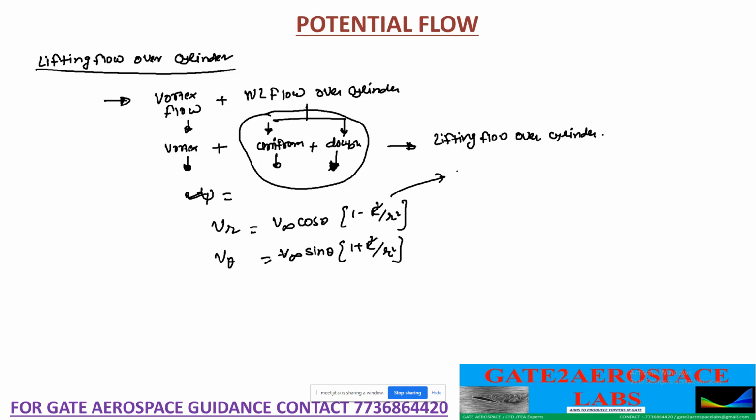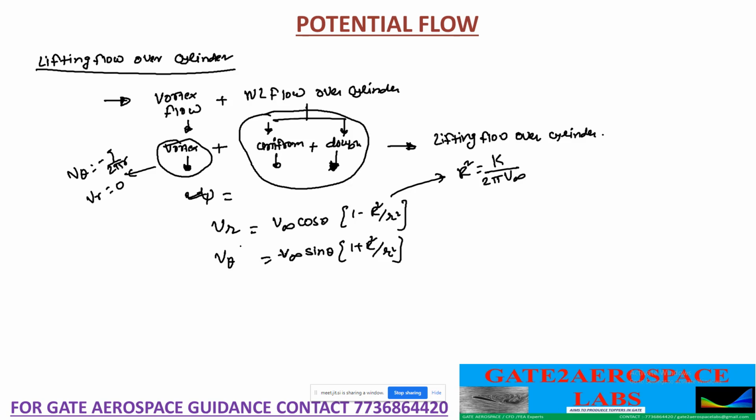Here I have told you R square is K by 2 pi V infinity, right? Now what have we added? We have added vortex flow to it. For a vortex flow, V theta is equal to minus tau by 2 pi r and Vr is equal to 0.